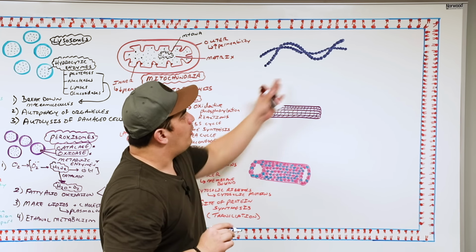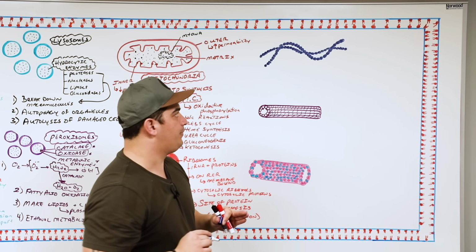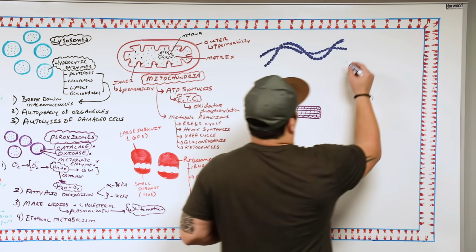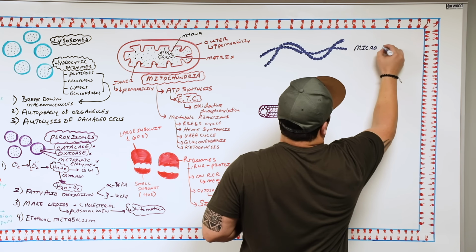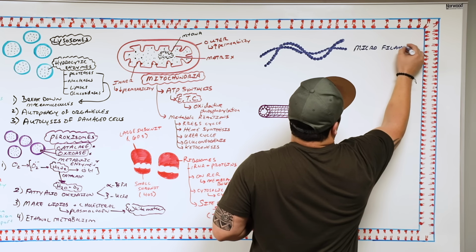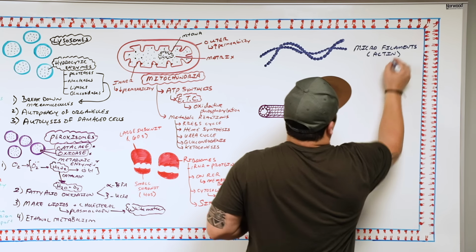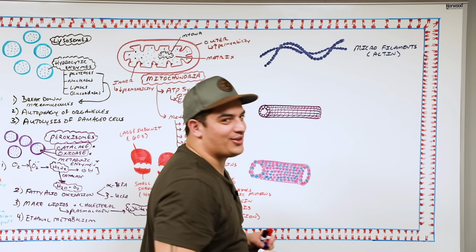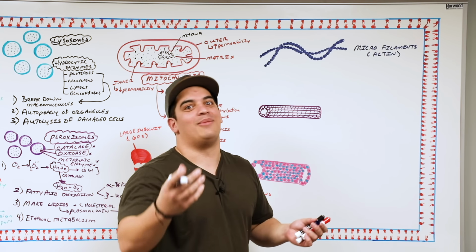When we talk about the cytoskeleton, there are three different structures of the cytoskeleton. The first one that I want us to talk about is called your microfilaments. And sometimes, to be honest with you, we just refer to this as actin. Okay, and I know you guys have heard of actin. If you have watched our videos before, you've heard this term actin. It's one of the proteins commonly used in muscle contraction, right?